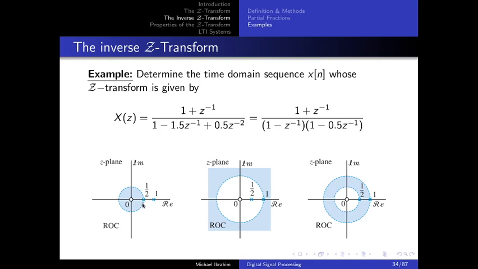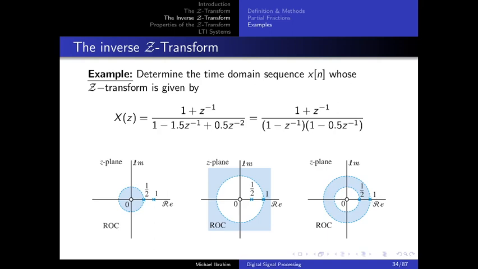The other possible region of convergence is outside the circle whose radius is 1. In this case, the corresponding sequence in time would be a right-sided sequence or a causal sequence. The third possible region of convergence is in between the two circles whose radii are half and 1. In this case, the sequence in time x of n would be a two-sided sequence.